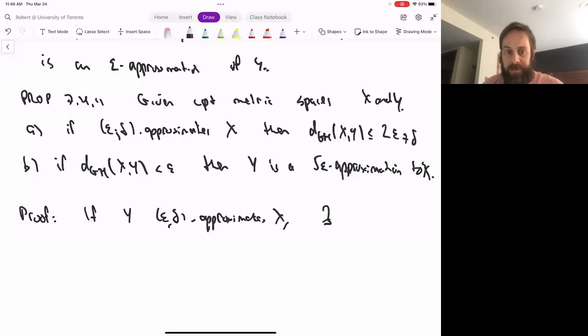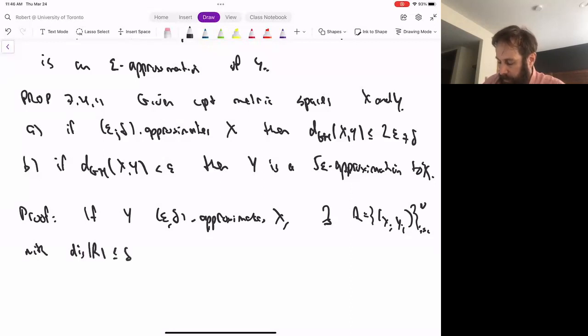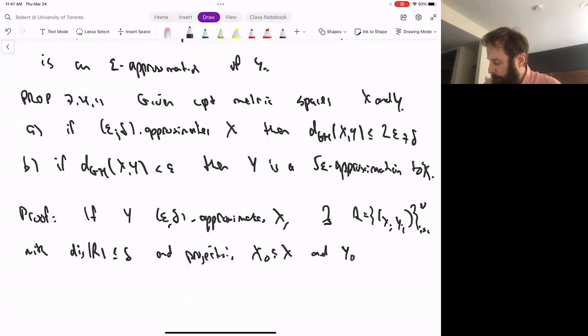We just said that what that means is there's a relation R with distortion less than delta, and projections which are epsilon nets in their respective spaces.